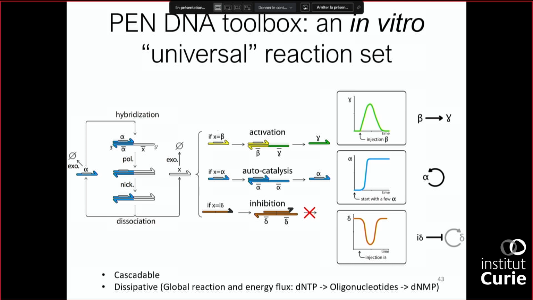If we inject beta at some point, we get a production of gamma, but remember that there is degradation of both beta and gamma, so the production rate of gamma is first going to decrease, and then there is no more beta, so you are not producing gamma anymore, and gamma is also degraded, so it comes back to the initial state. You just get a very simple behavior, a spike of gamma by injecting beta in this system.